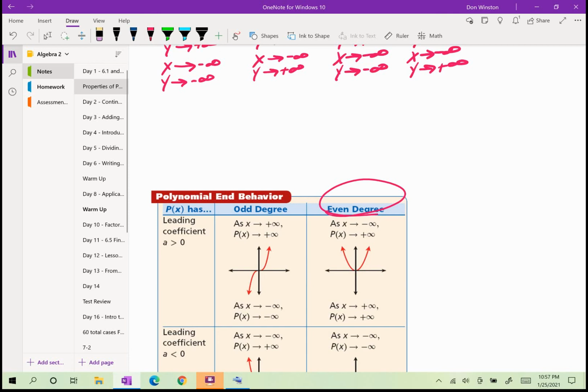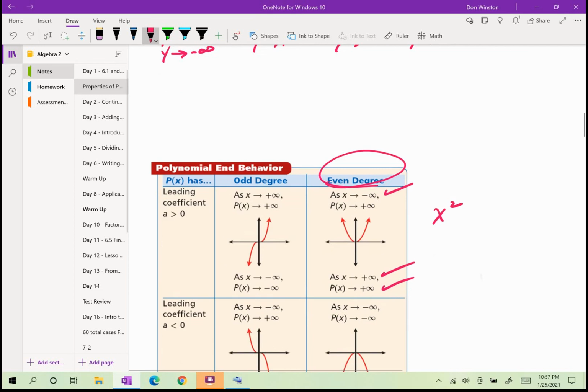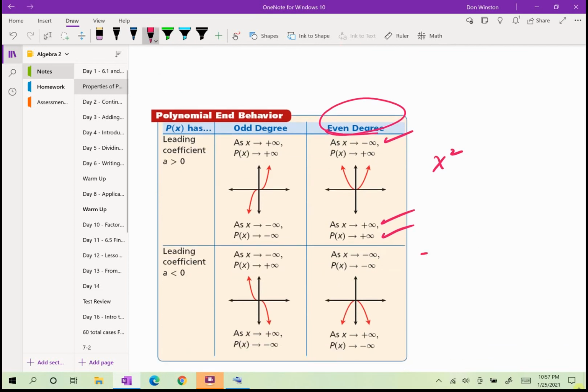As x goes to negative infinity, y goes to positive infinity. As x goes to positive infinity, y goes to positive infinity. Remember, in chapter 5, we would say that was a happy graph. The leading coefficient was positive, like x squared. But what happens if I have a sad graph, like negative x squared?